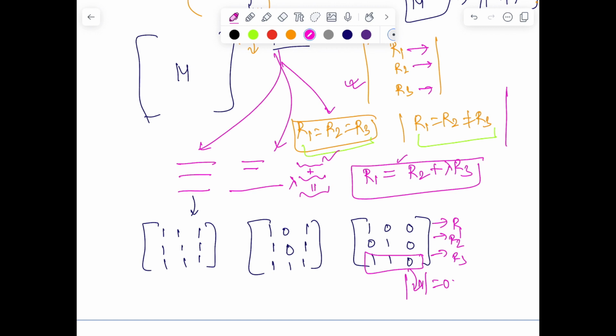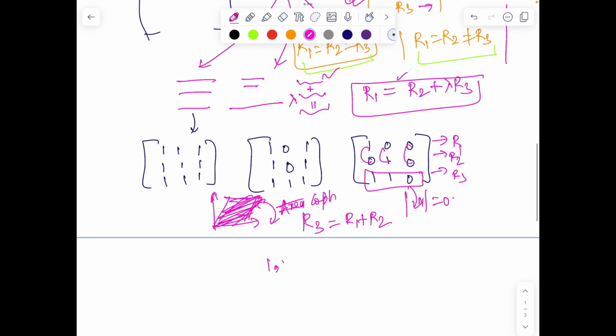The reason is obvious because you can see the third row is a linear combination of the first 2. R3 is nothing but R1 plus R2. So there will be no volume of the parallelepiped, because physically the volume will be 0 as it will become coplanar. All these 3 vectors are coplanar because 1 1 0 can be produced by 1 0 0 plus 0 1 0.